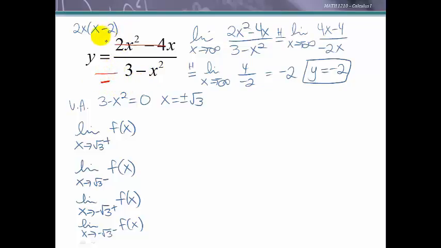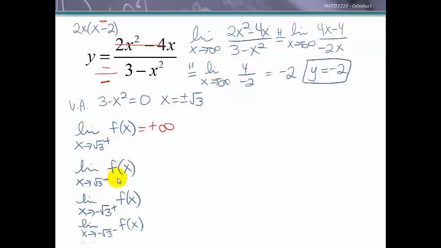Now looking at the numerator, if I put in something a little larger than the square root of 3, this factor will be positive. The square root of 3 is 1 point something, and so when I subtract 2, this quantity is going to be negative. So I will have a negative divided by a negative, which is positive. So this tells me that this is going to approach positive infinity, because I get a positive value as I approach from the right hand side.